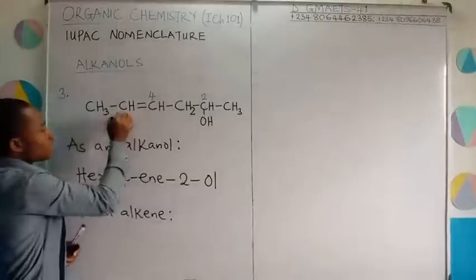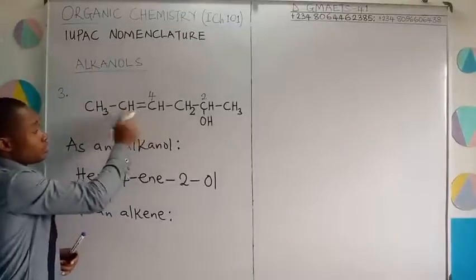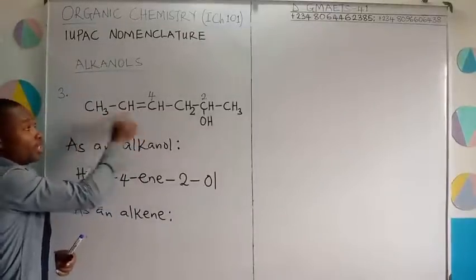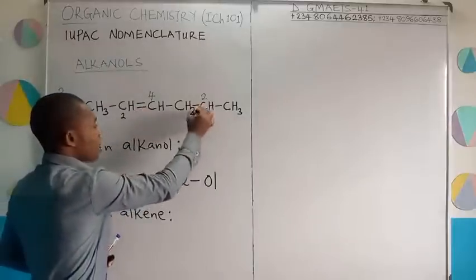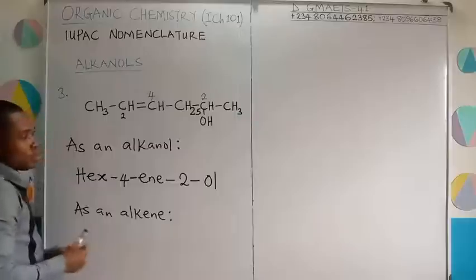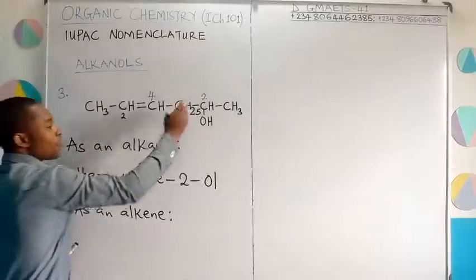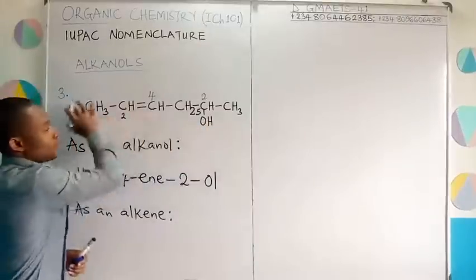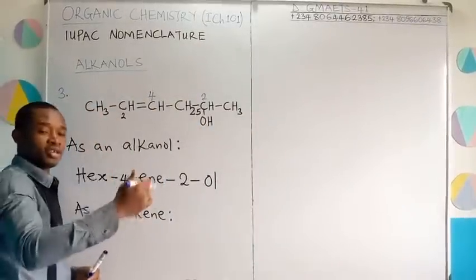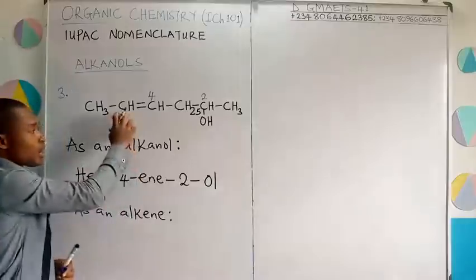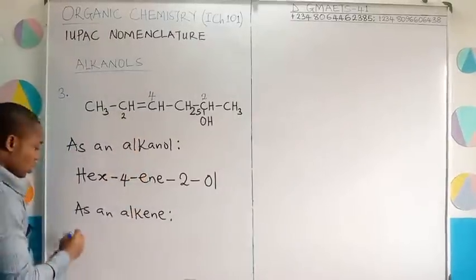So on the second carbon atom we have this double bond, because after carbon number 2, starting from here, you see the double bond. And then 3, 4, 5. On the fifth carbon atom you have the OH. So OH as a substituent will now become 5-hydroxy. Then the parent name, 6 carbon atoms, will now be hex. You break it there. And then on the second carbon atom you have the double bond, which is 2-ene.